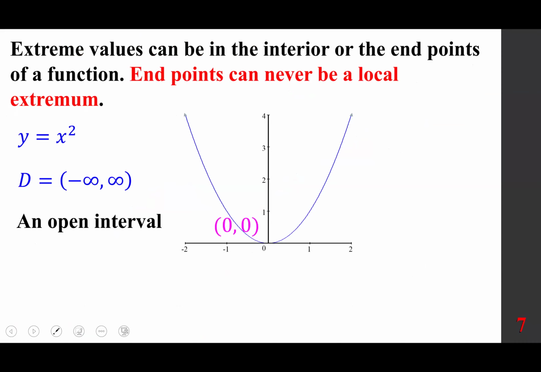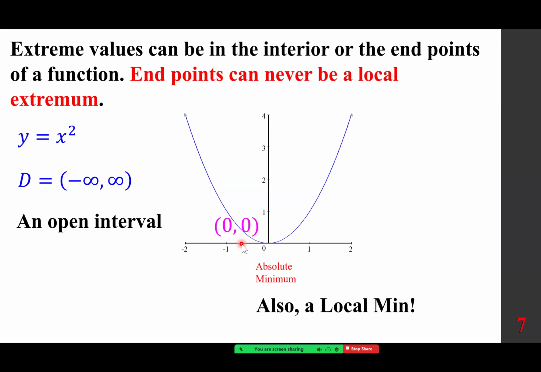So absolute minimum is 0 at the pair 0, 0. It is also a local minimum. Peaks and valleys, remember that. We don't have an absolute max. We don't have a local max. Also, endpoints can never be a local extremum. It's coming up in a moment, but we need to understand the concept.